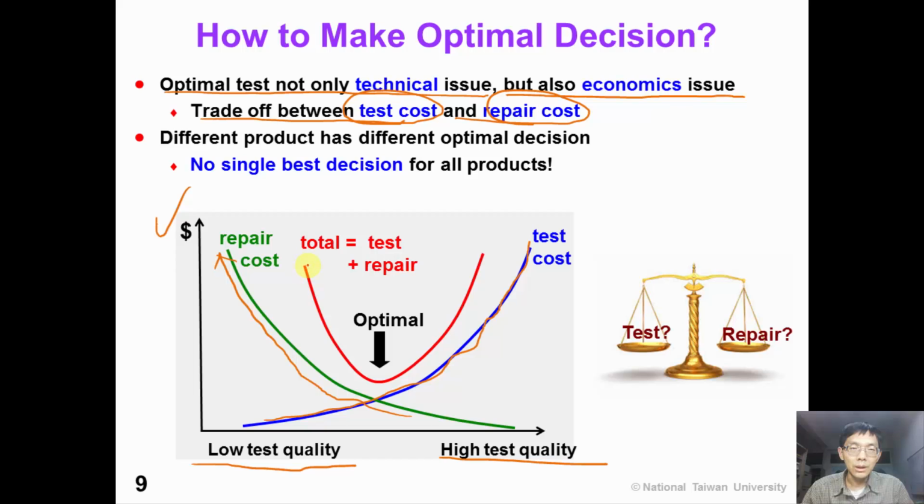In the middle, the red curve shows the total cost, which is the test cost plus the repair cost. We want to minimize the total cost, so we want to find the optimum test decision. However, different products have different optimum decisions, and there is no single best decision for all products.